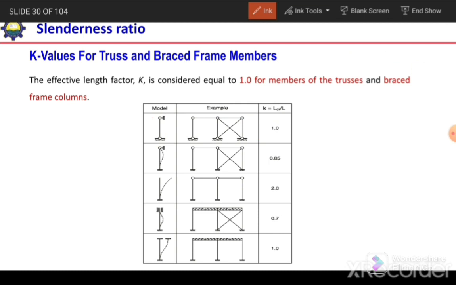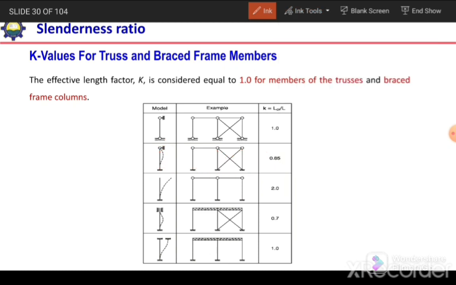And if we see this second case, here we have fixed support at the bottom, pin support at the joints between the frame elements, but the frame is restrained against the side sway. So we have pin support at the top and fixed support at the bottom. We can idealize this case, and in that case the K value will be equal to 0.85.